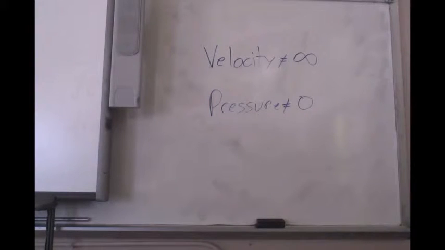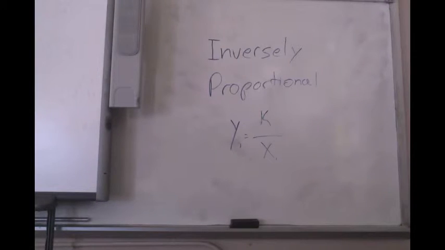So basically, as we take a first look at the first picture up, I already have a conclusion set that velocity can equal infinity and pressure can equal zero. But in order to understand this, you would first have to understand what it means for something to be inversely proportional.